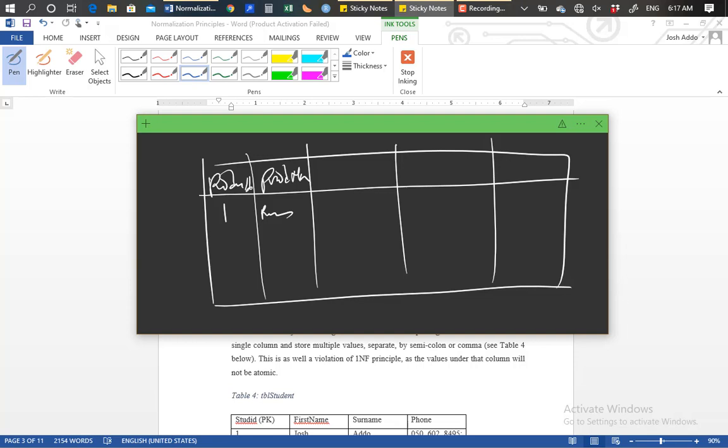Then you have customer. The customers that may buy this item of printer maybe many. It's not one person who is going to buy the printer. So you decide to store it as, let's say, customer 1, customer 2, customer 3.